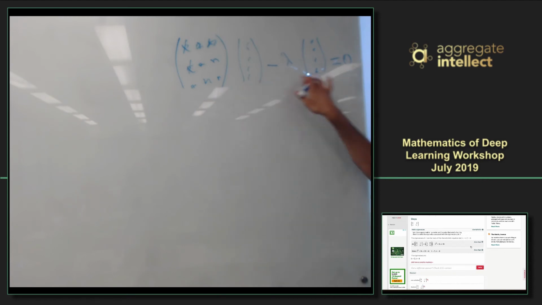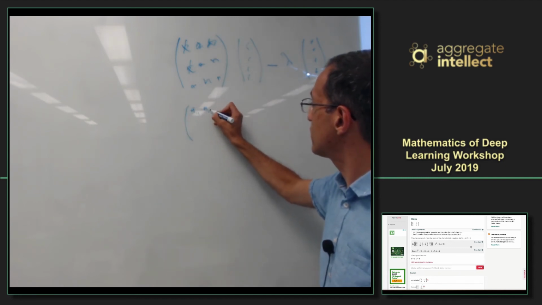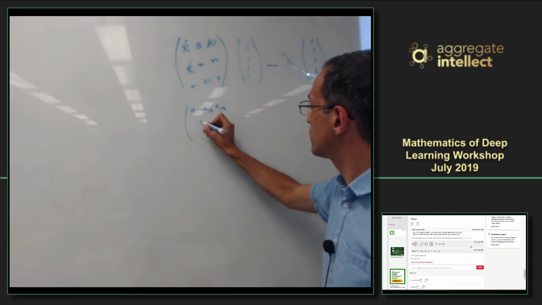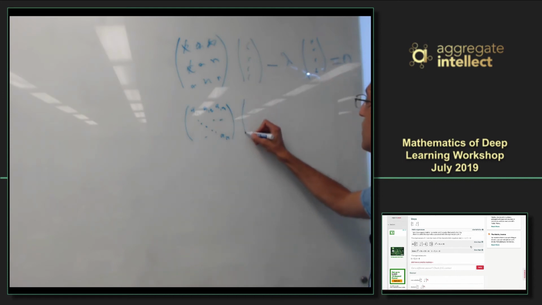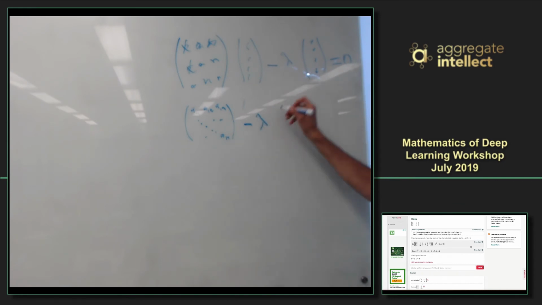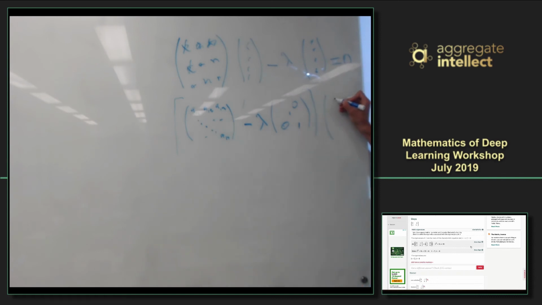And then I can factor this out on the right, and I get A11, A12, A13, and so on, down to A33, minus lambda times I, multiplied by V1, V2, V3, that is 0.